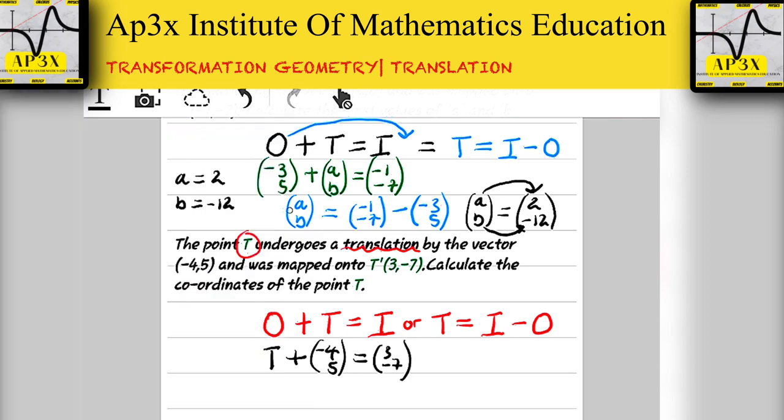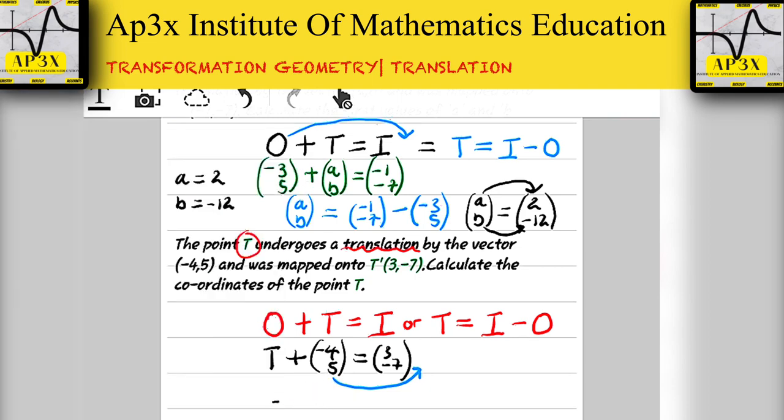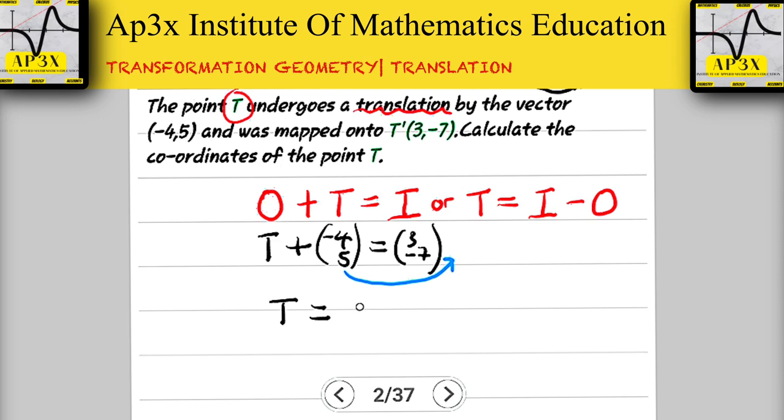Now, once again, it's the same procedure. I'm going to carry this matrix to this side. Bear in mind that we're not changing the signs of the entries inside. We're literally transposing this plus matrix to the other side. So we end up with T equal to 3, negative 7, and we're subtracting negative 4, 5.